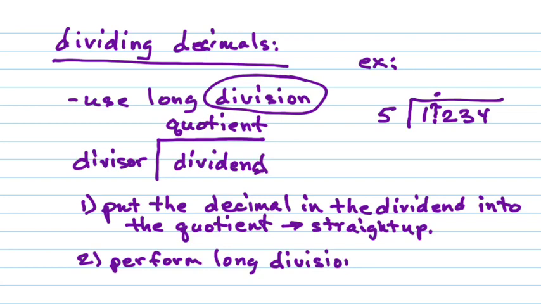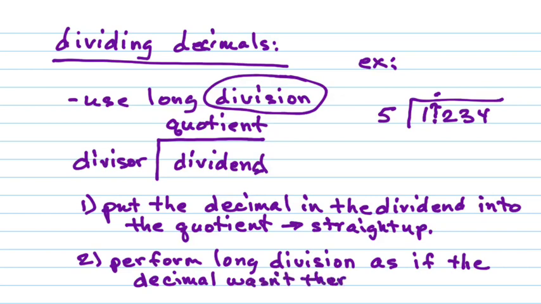Spelling is not my strong suit today, is it? You're simply going to ignore it. So all you're going to focus on is the long division with the numbers, just like you did when we looked at long division. Okay?